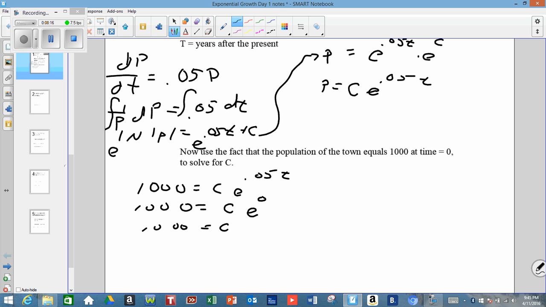And if c is 1,000, that's what it says to solve for is c. We could actually write the entire population equation as 1,000 e to the 0.05 t. And there you have it.